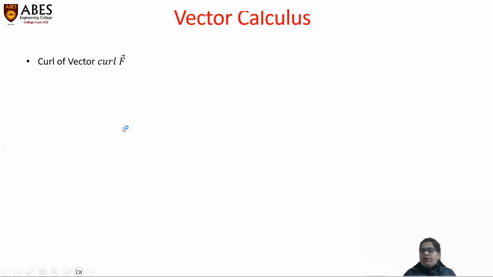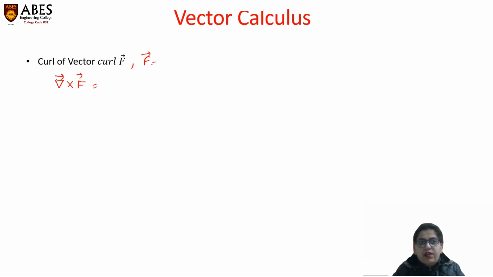curl of a function? Here, the mathematical formulation of curl f can be represented in the form of the cross product of del cross f, where del is the operator of partial differentiation and f is some vector function.